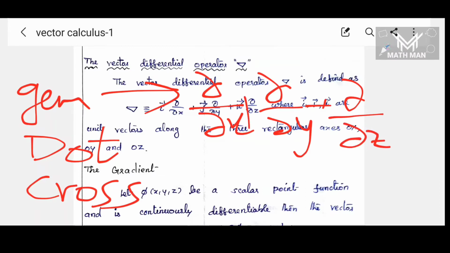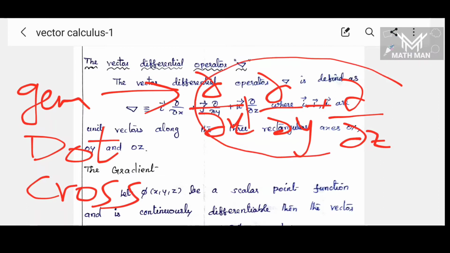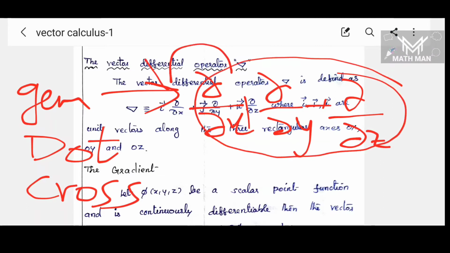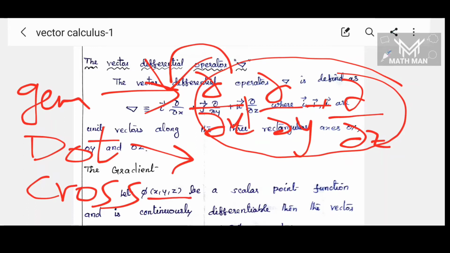It is a general method, which means we substitute something into it. In the cross product we use a determinant of i, j, k, which we will learn in further classes.